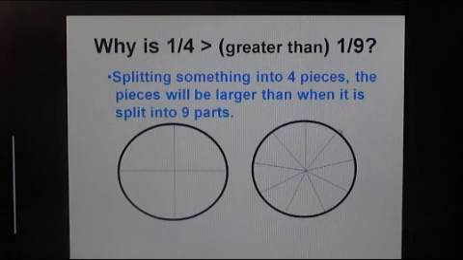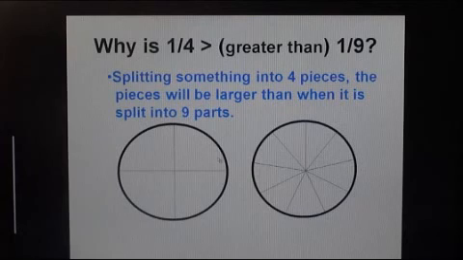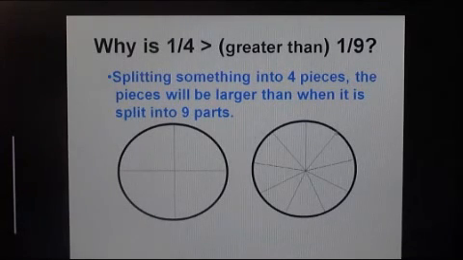Okay, here's another question. Why is 1/4 greater than 1/9? And here again we'll apply a little bit of common sense and also help with reviewing our understanding of fractions. If you break a whole circle, the circle represents one whole, into 4 equal pieces called fourths, those pieces are going to be larger than if you would take the same size circle, representing one whole, and split it into 9ths, 9 equal pieces.